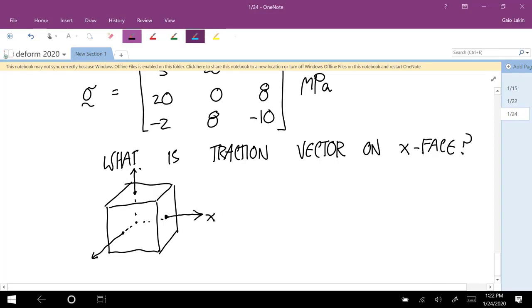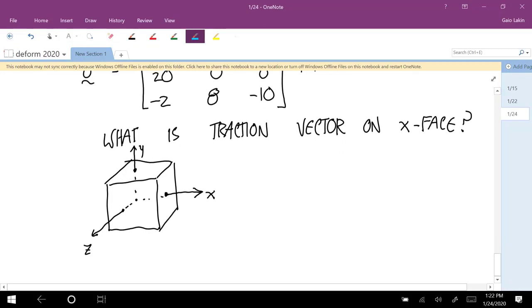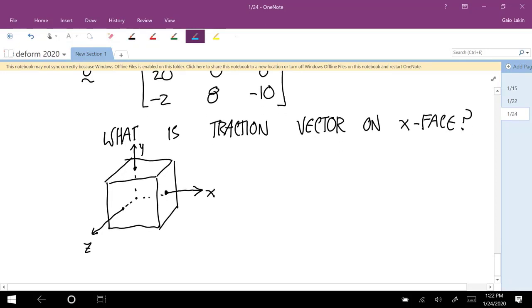This is the x, the y, and the z. So what would a unit vector be in that direction?